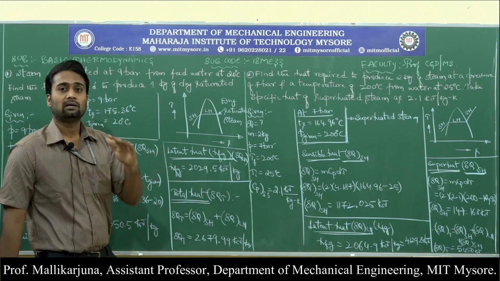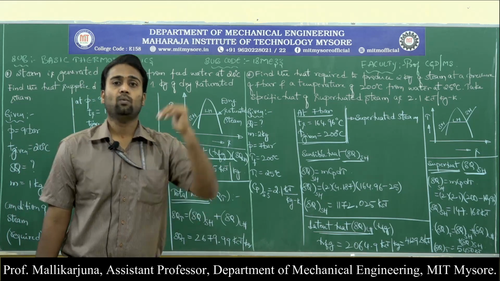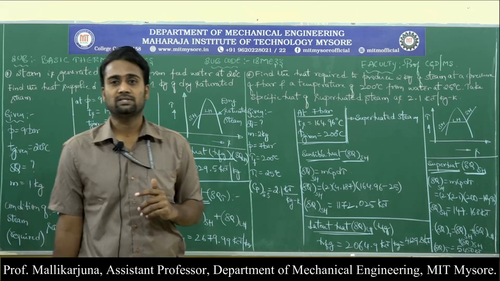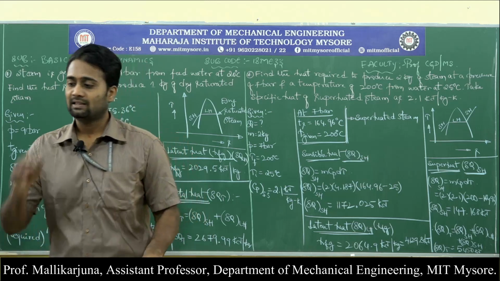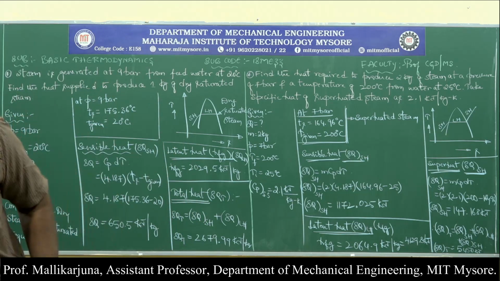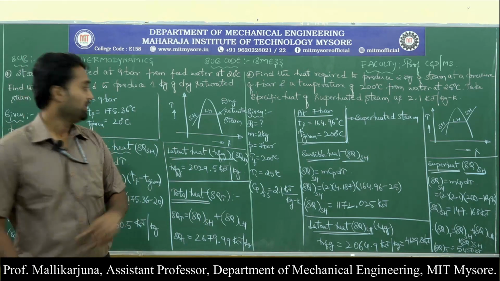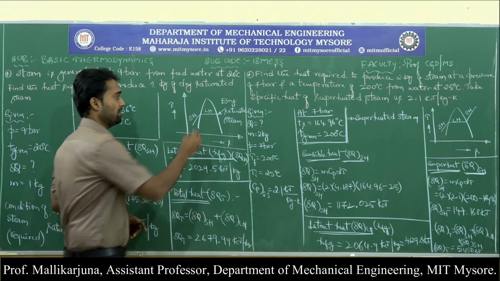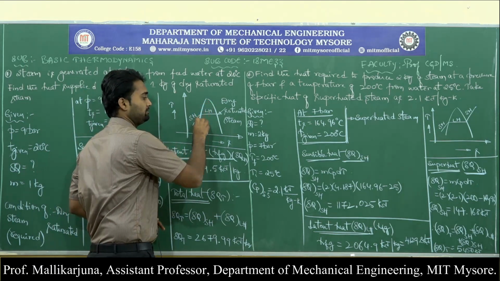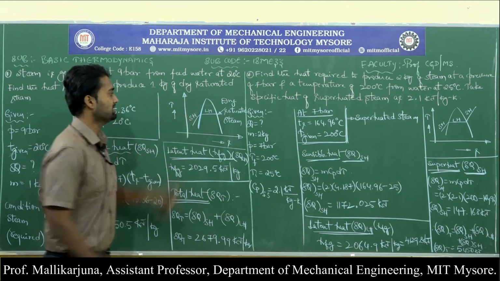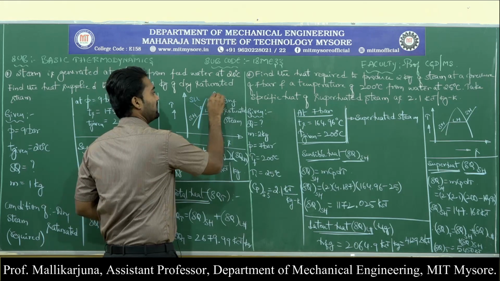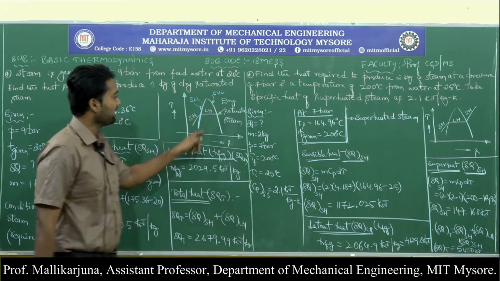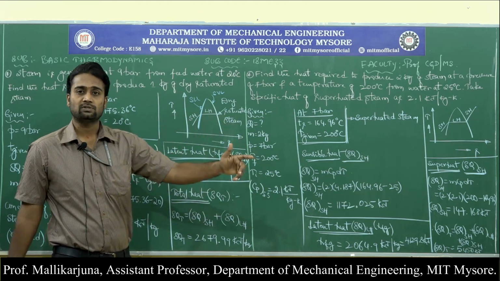So now the initial stage is taking the water to its saturation state, in the sense at that particular line the water will be saturated. What I mean to say is, this line is nothing but the saturated liquid line, we have discussed this. This is nothing but the saturated vapor line. On this line the water will be in its saturation state.